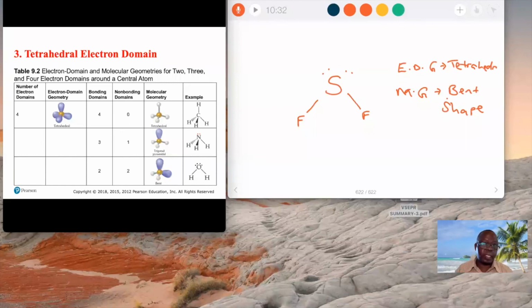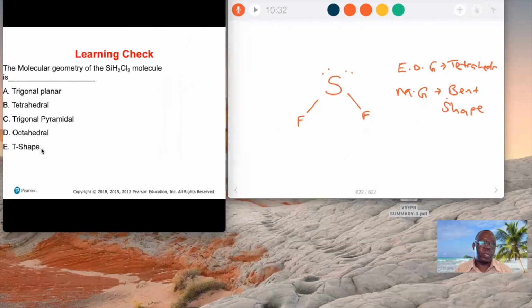The catch here is, if you don't know how to draw the Lewis structure, if you make a mistake and omit some electron, for example, then you will make a wrong conclusion on what type of electron domain geometry you expect to have. This one is tetrahedral from what I can see.